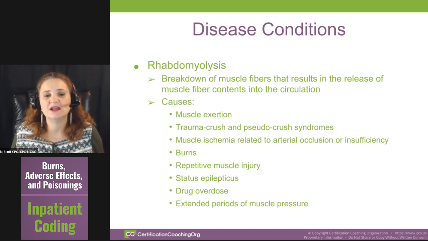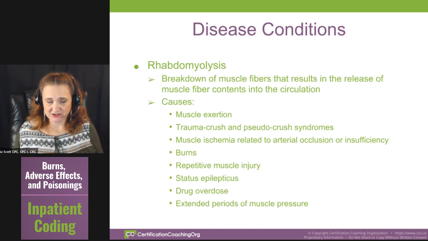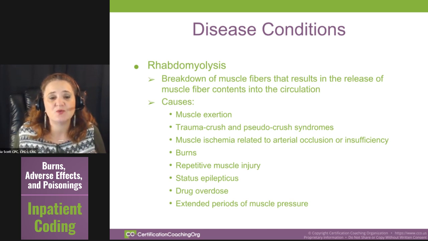Now, I went and looked before we came together today to make sure that I was pronouncing this word correctly, and I was, but this is called rhabdomyolysis. And what happens is your muscles break down, and it releases muscle fiber content into the circulation.